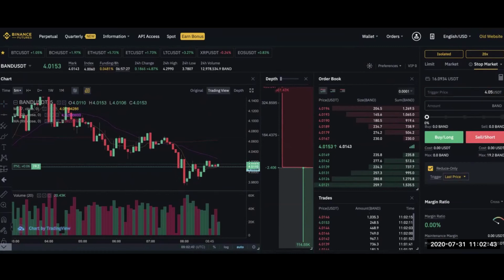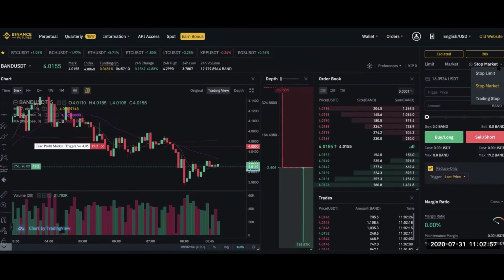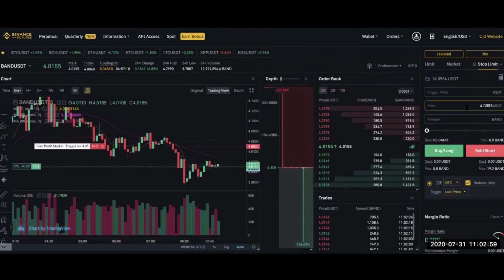And we want to close the entire position at that. And once we go down, you'll see that it will open it there. And then we want to create a stop limit, which is lower. We're going to make that 3.9.